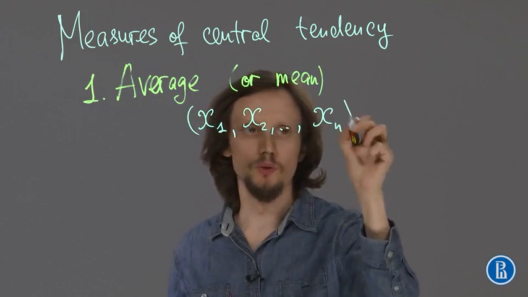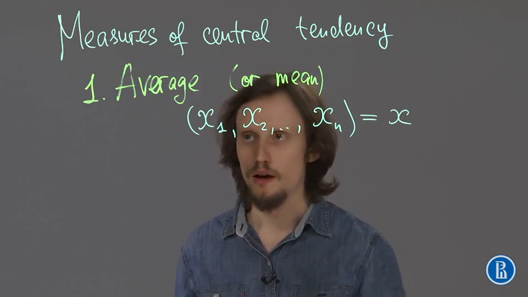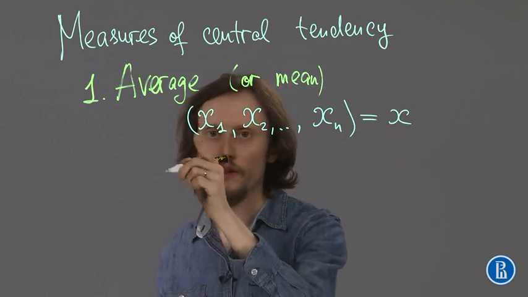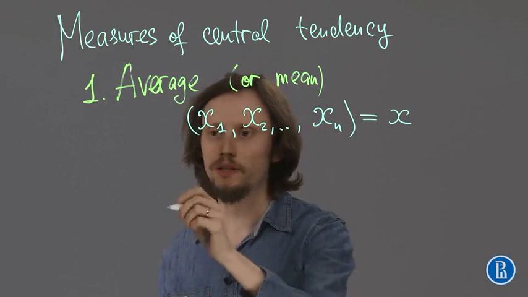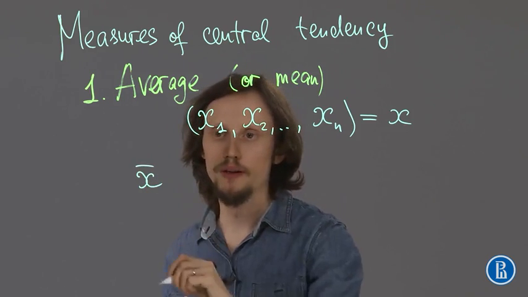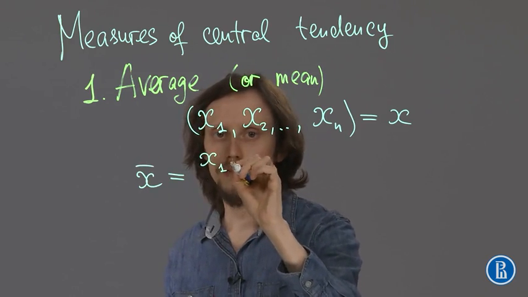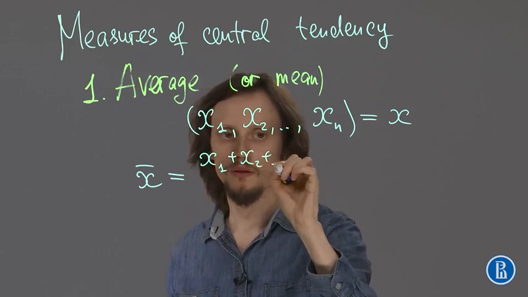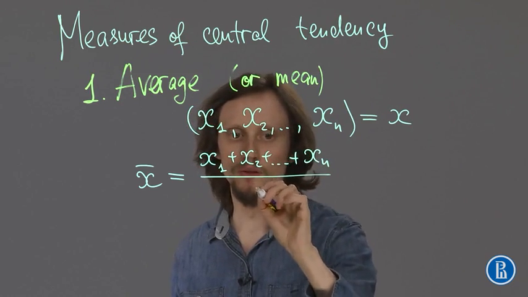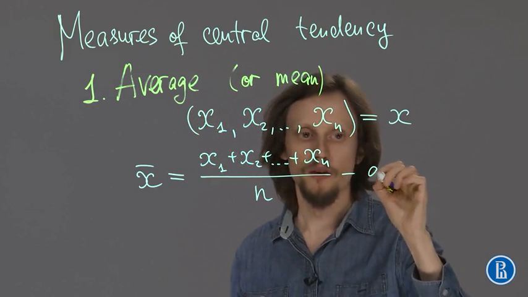And I will denote these values by letter x. Then average of x, or mean of x, is just an arithmetic average of these numbers. So it is usually denoted by x bar, and it is just a sum of these values divided by the number of these values. This is just an arithmetic average.